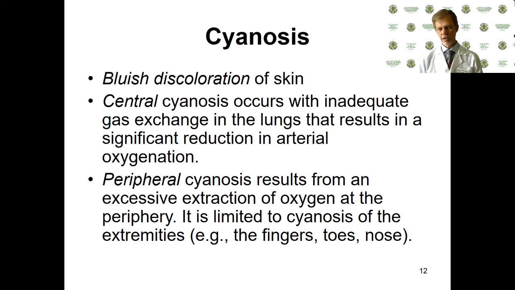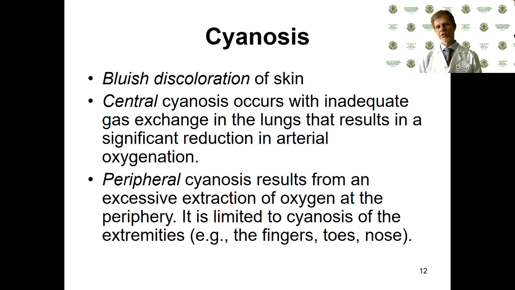What you should remember, peripheral cyanosis is usually a result of heart problems. Central cyanosis may be both heart and lung problems, but in case of lung disorders, we meet central cyanosis. Nevertheless, even in case of central cyanosis, the most visible cyanosis happens again peripherally. Lips, fingers, nails, patient's nails become bluish.